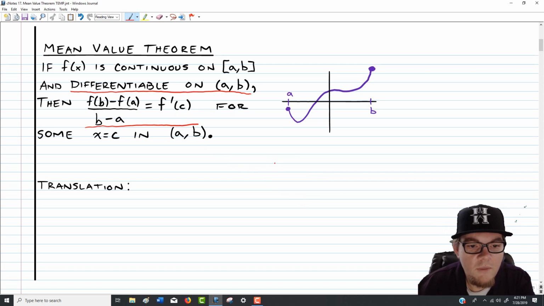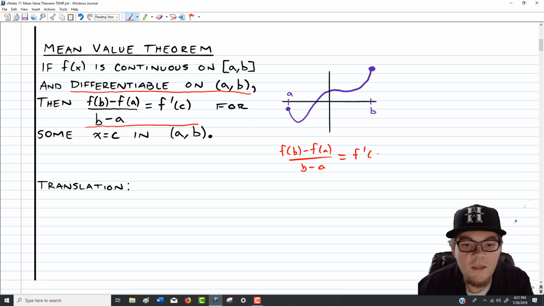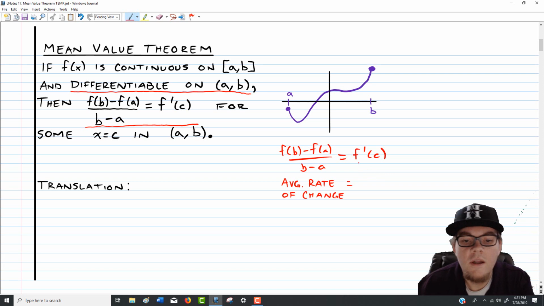Now, for the sake of argument here, I want to really quickly translate and bring over that last expression. f of b minus f of a over b minus a is equal to f prime of c. So what this is saying is that the average rate of change, which we know is just the slope between two points on the curve, has to be equal to the derivative, which we also know as the instantaneous rate of change.